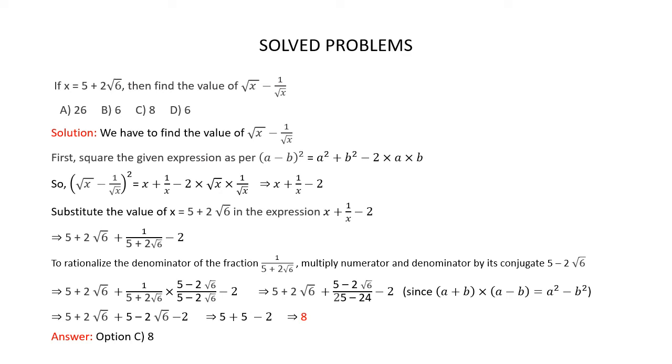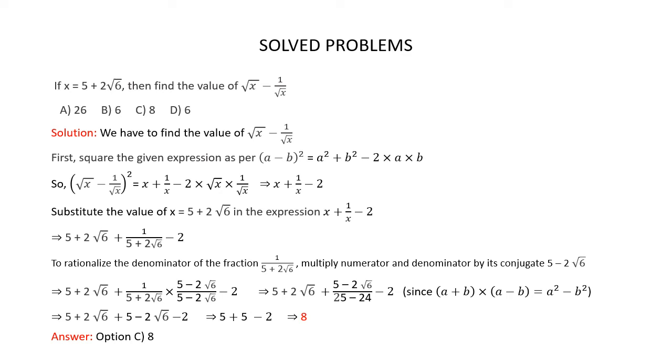Now this is similar to a plus b multiplied by a minus b, which is a squared minus b squared. So this will be 5 squared minus 2 root 6 the whole squared. 5 squared is nothing but 25. 2 root 6 the whole squared is 4 into 6, that is 24. So 25 minus 24, minus 2.